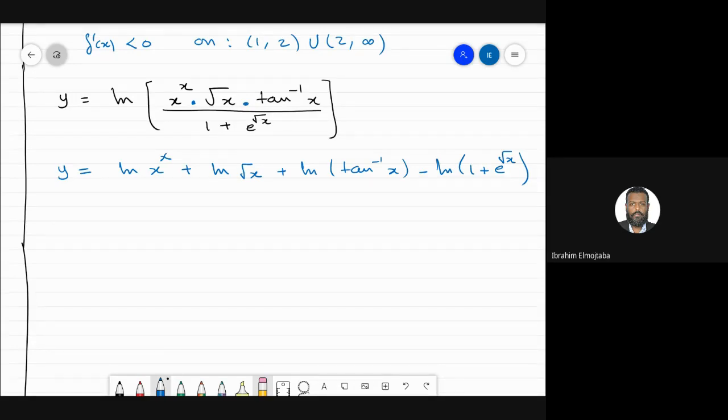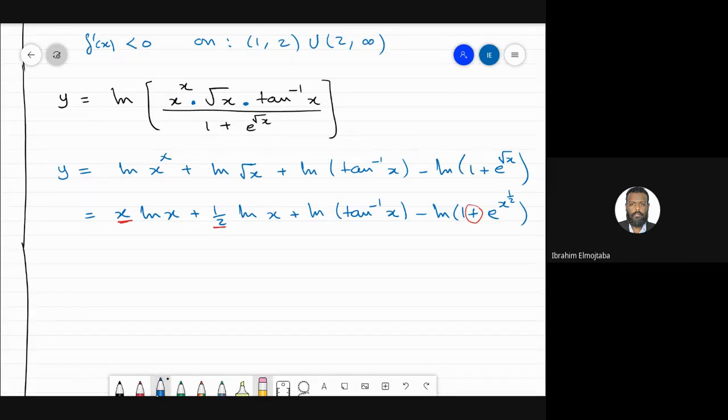فالآن قبل ما نفاضل يمكن أن نبسط زيادة، فيكون عندنا هذا الكلام بيساوي x ln x plus نص ln x plus ln tan inverse x minus ln 1 plus e to the power x to the power half بدل الجذر، عشان بعدين نقدر نفاضل. طبعا الجذر هو x to the power half، فنزلنا الهاف هنا من الأس، والإكس نفس الشيء نزلت من الأس. وطبعا هنا التوزيع ما ممكن لأنه عندنا إشارات زائد. ضرب قسمة يوزع، لكن جمع وطرح لا يوزع.